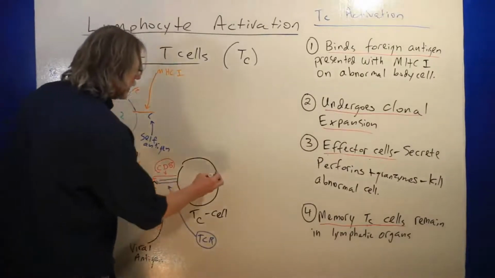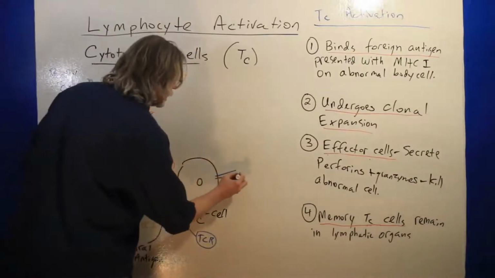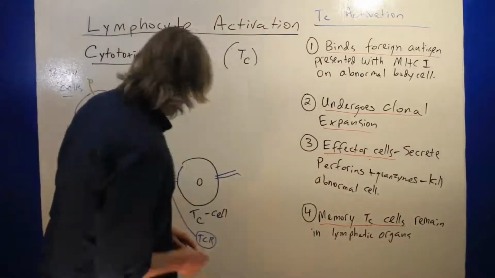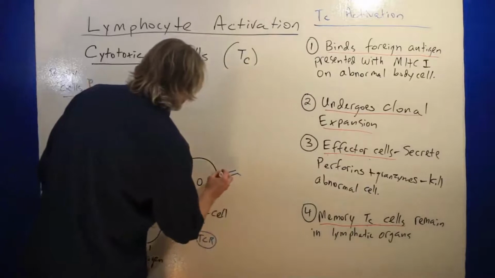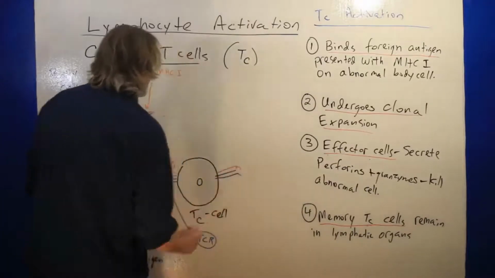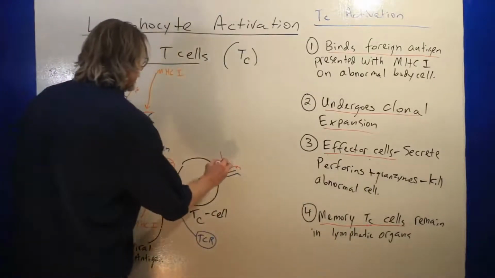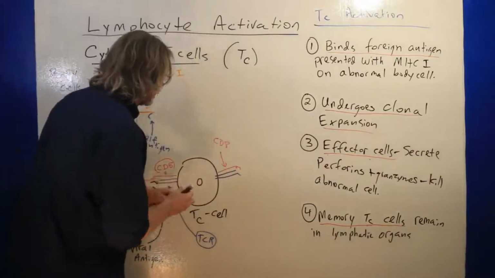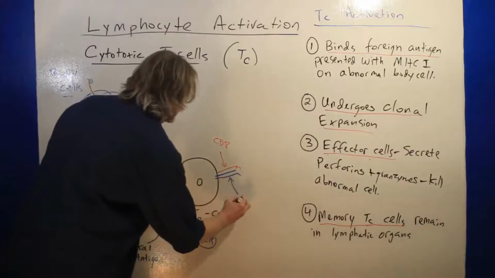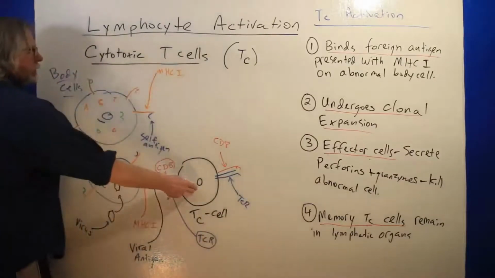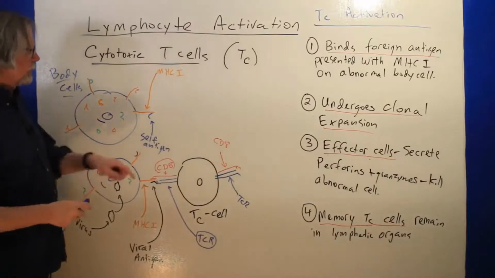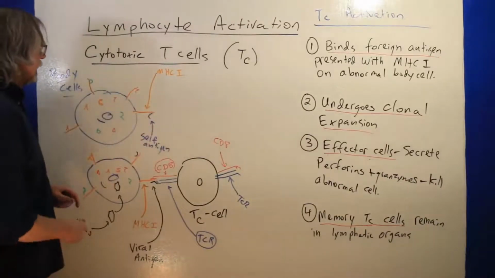Okay, so receptor and co-receptor, and this would be CD8, right? And this would be the T cell receptor. Cytotoxic T cells have that combination, T cell receptor with CD8 co-receptor.